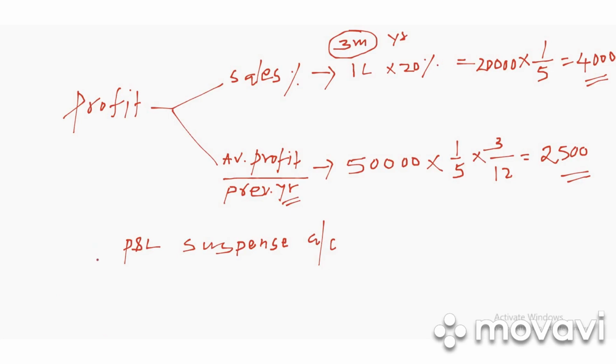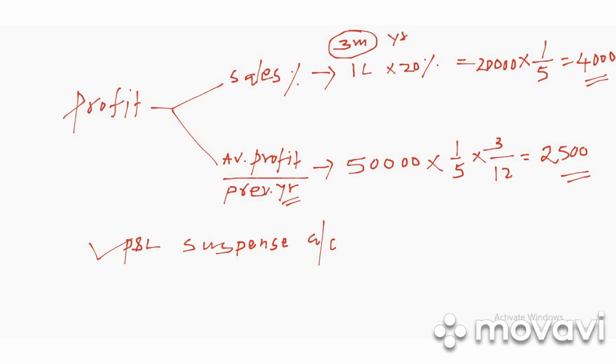So this will be the entry written in the partner's capital account, by profit and loss suspense account, dear students. So these are the different adjustments to be made in the deceased partner's capital account. These are the entitlements which are payable to the deceased partner. Of course, it will be payable to the executor's account.